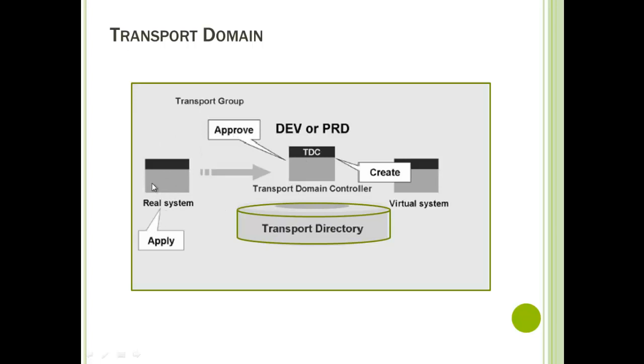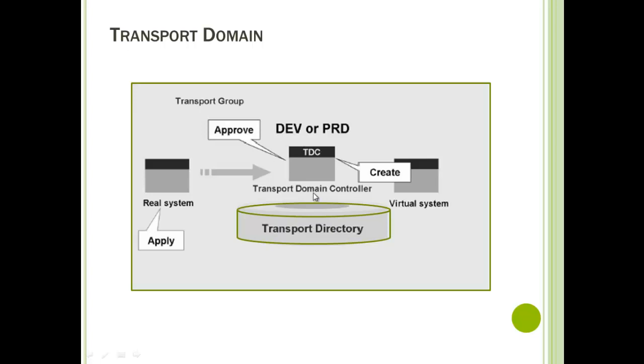So what happens is this system will send a request to your domain controller that it wants to be included. When you log into your domain controller and run the transaction code STMS, in the initial screen you will be able to see that there is an inclusion request coming into this domain controller.